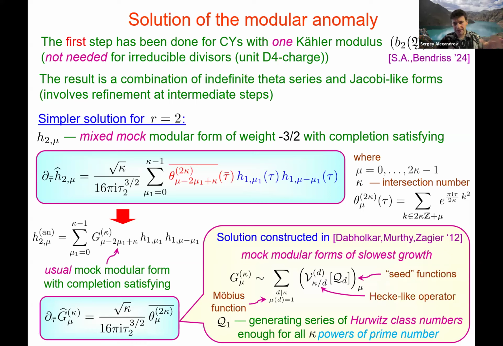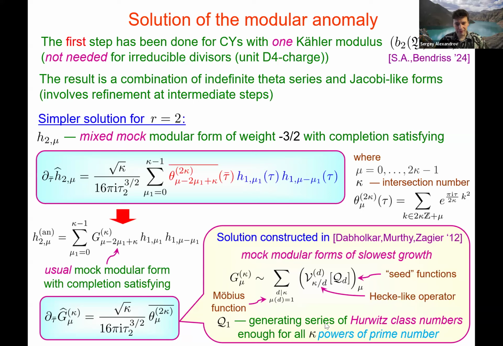We do not care about this additional property, but since they already found a solution and we're interested in any solution, we can just take that solution. And the solution is constructed from certain Hecke-like operators and some set of very simple functions, which I denote here Q_D, and which appear just for D whose Möbius function is equal to 1. So these are numbers like 1, 6, 10, 12, and so on.